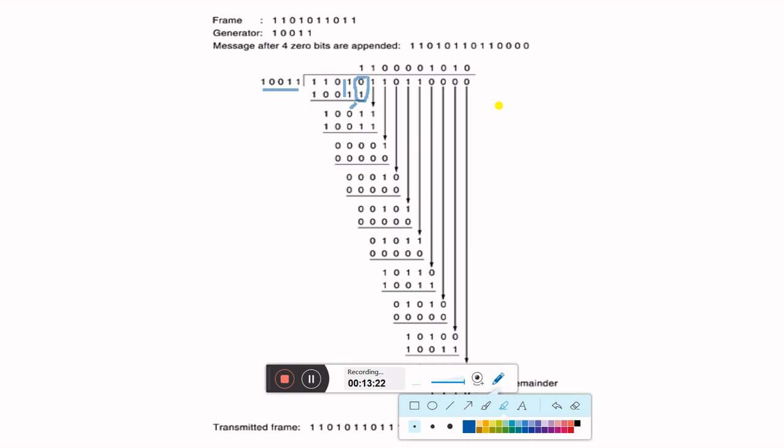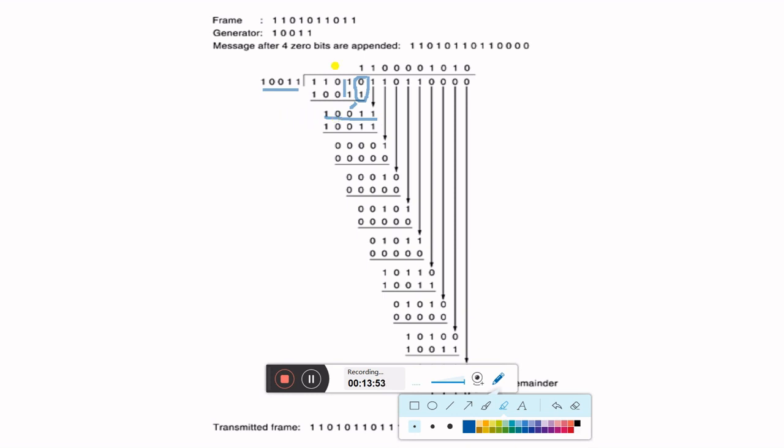So here 101 and 110. If the MSB is 0, we can ignore it. After this we have this 10011 after the XOR operation.